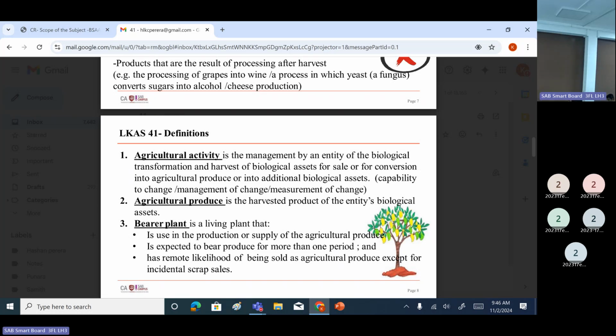A set of management decisions to control that biological asset, the size and the growth. So you can read: agricultural activity is the management by the entity of the biological transformation and harvest of biological assets for sale or conversion into agricultural produce or into additional biological assets.